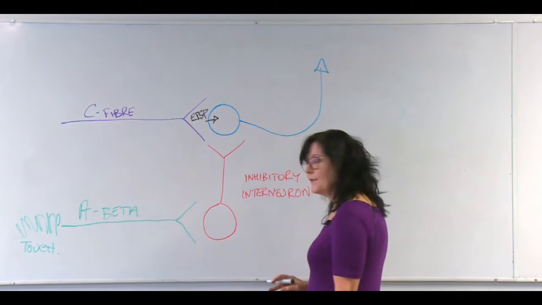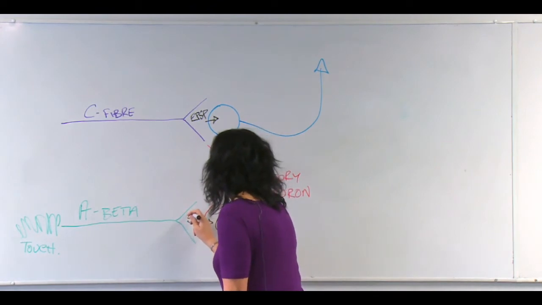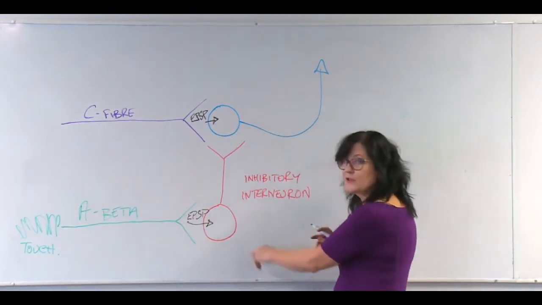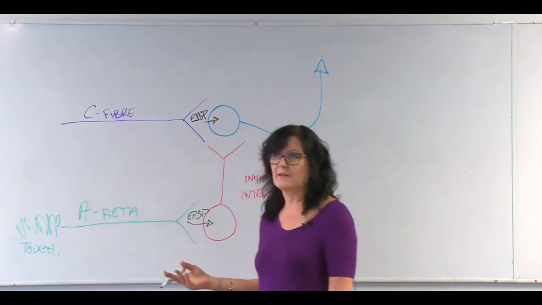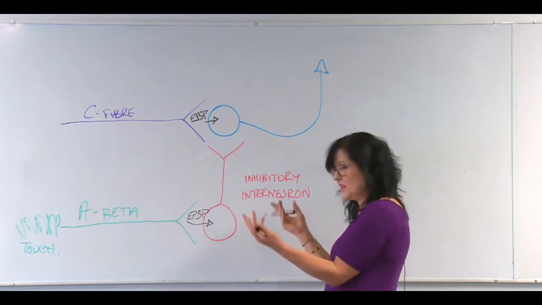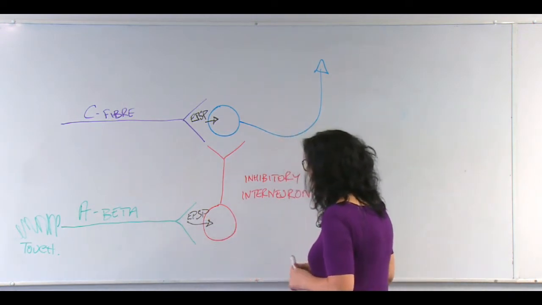The A beta fibre creates an EPSP in our inhibitory interneuron because it needs to stimulate it for it to work. If you didn't stimulate it, it would just sit there doing nothing. So we have two EPSPs.